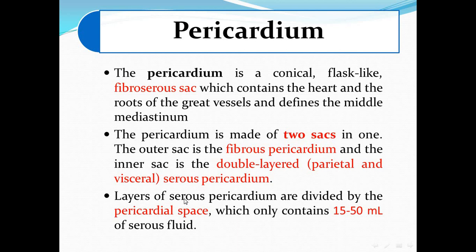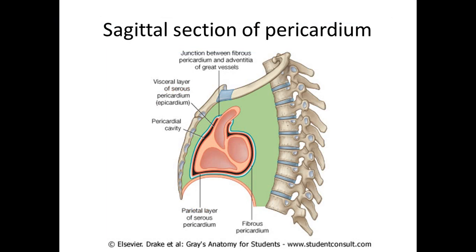The two layers of the serous pericardium are divided by the pericardial space, which normally contains about 15 to 50 milliliter of serous fluid. This is the fluid that helps to lubricate and facilitate the movement of the heart. So a minimal fluid within the pericardial cavity is normal. But when there is a lot of fluid accumulation here, it then becomes a pathology.